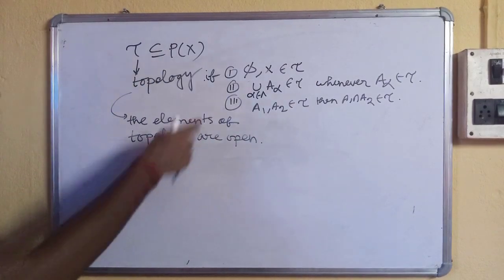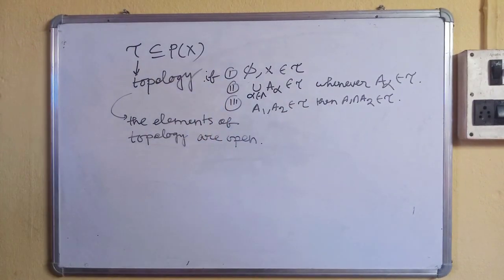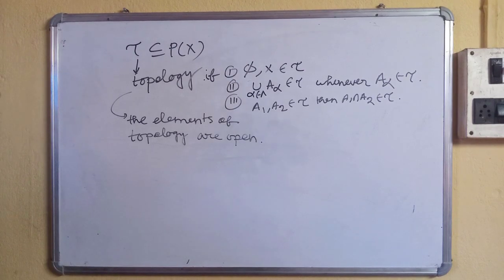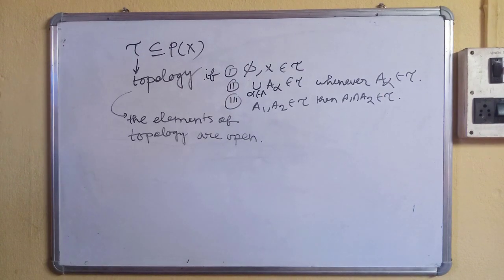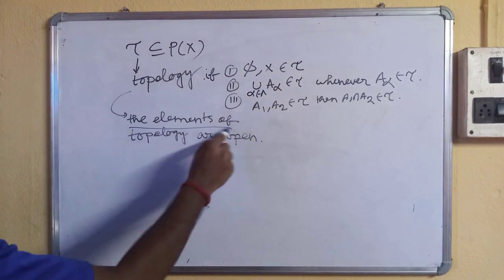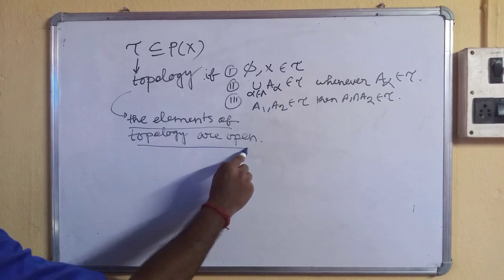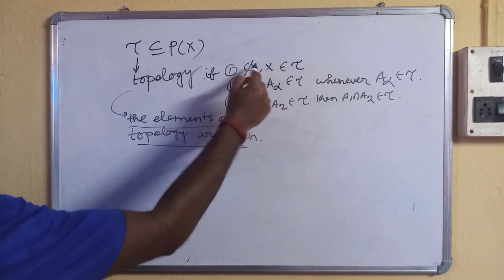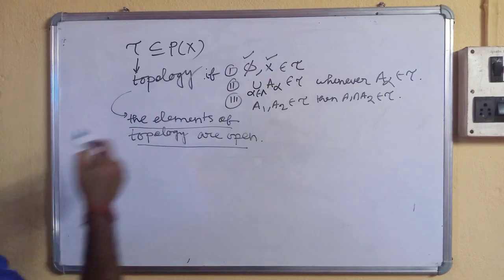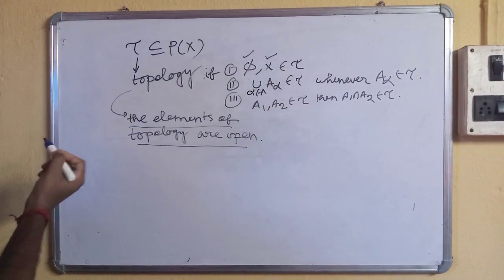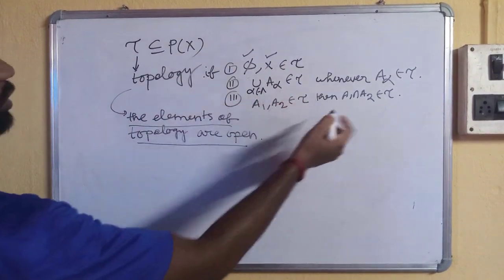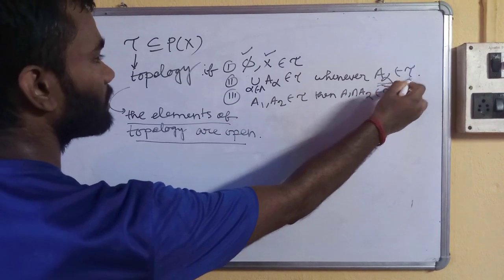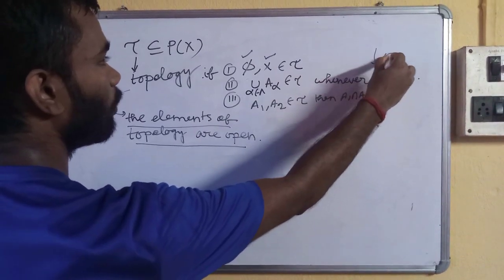Then you can compare these three conditions with the three properties from metric space. Here I write: the elements of topology are open. So tau is a topology, therefore phi and X are open, right? Number 2, A alpha is from tau, that is, A alpha is open.